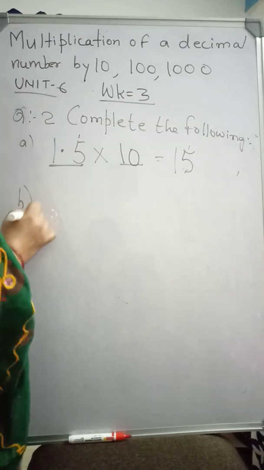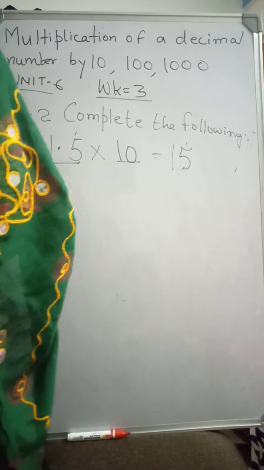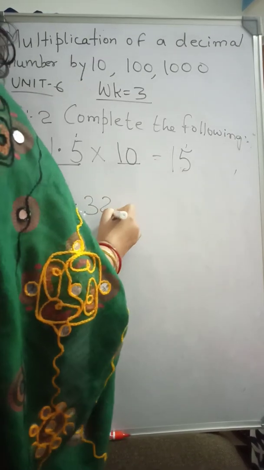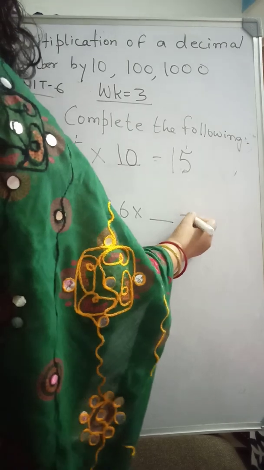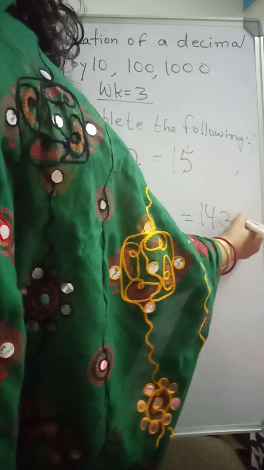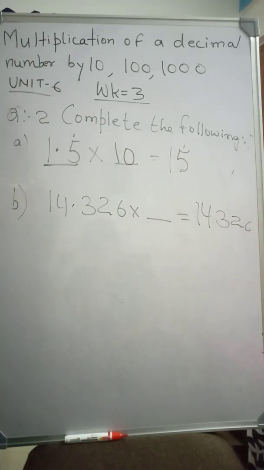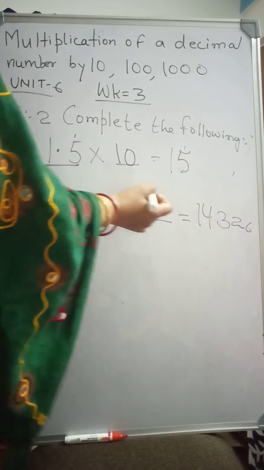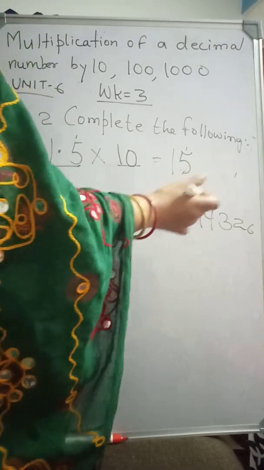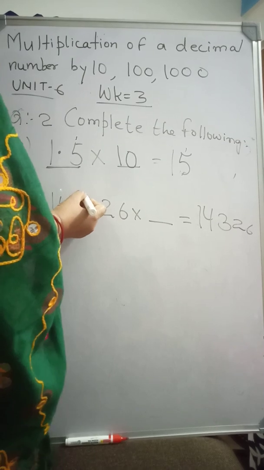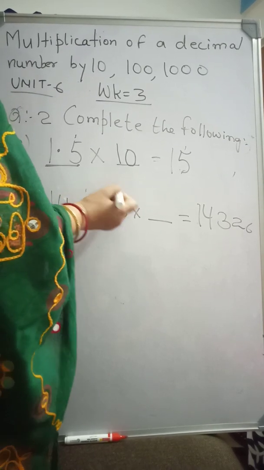Now come to next. 14.326 multiplied by what is equal to 14326. Here all of you see also. In the product decimal point is not there. It means decimal point has shifted how many places? 1, 2, 3.